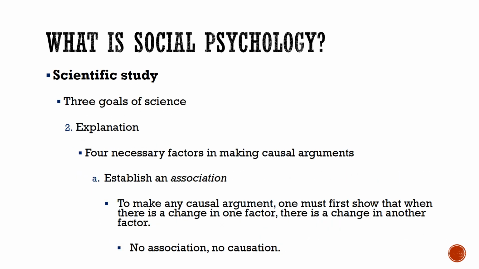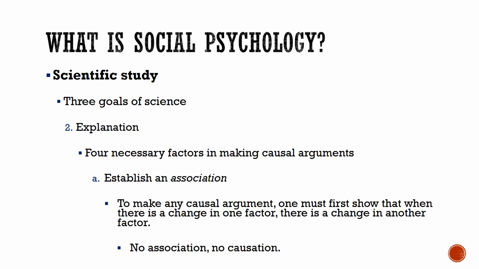Now, we make causal arguments all the time in our everyday lives. When you use the word because, you are making some form of causal argument. Like when you say that your best friend broke up with her girlfriend because the girlfriend was crazy, or when you tell yourself you did poorly on a college paper because the professor didn't give good instructions.